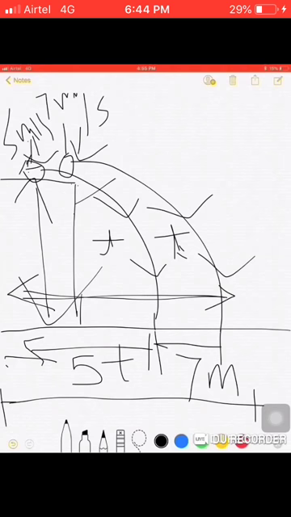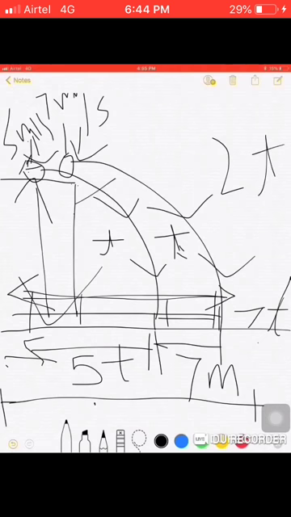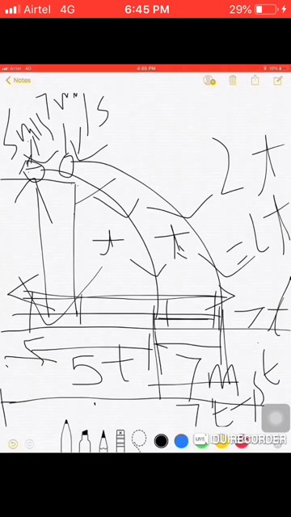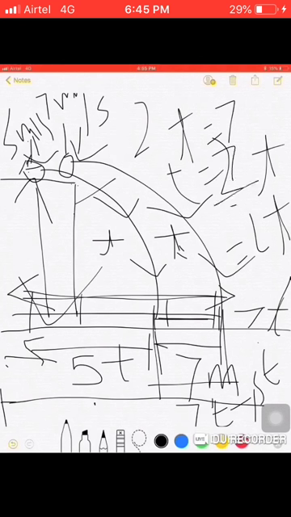And this whole thing will become 7t. So when we subtract 5t from 7t, we get 2t. 7t minus 5t is equal to 2t.